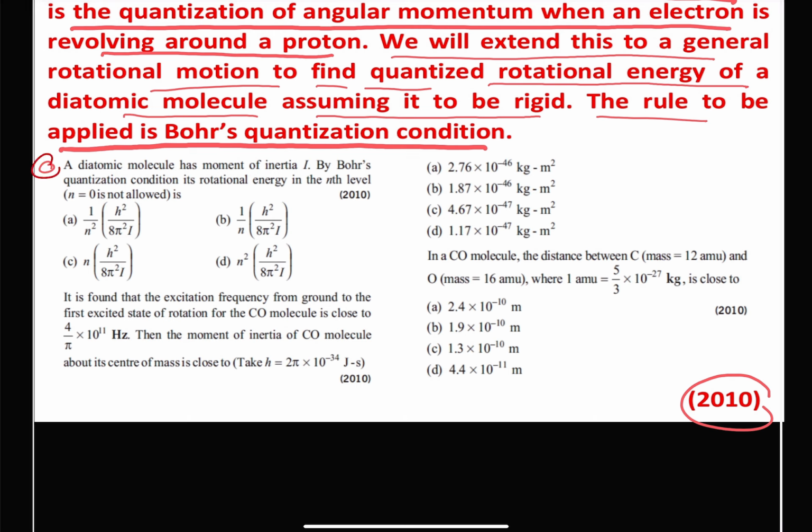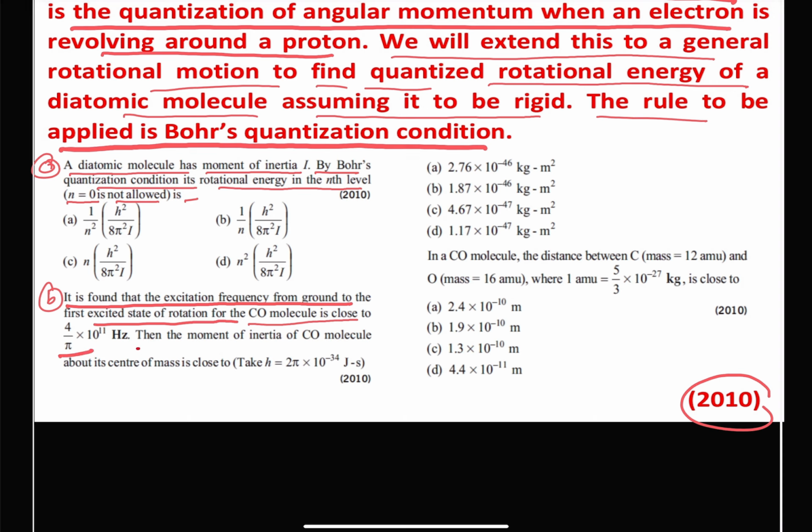In part A, a diatomic molecule has a moment of inertia I. By Bohr's quantization condition, its rotational energy in the nth level such that value of n equal to 0 is not allowed is. In part B, it is found the excitation frequency from ground to the first excited state of rotation for CO molecules is close to 4 by pi into 10 to the power 11 Hertz.